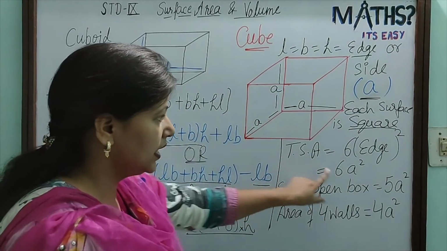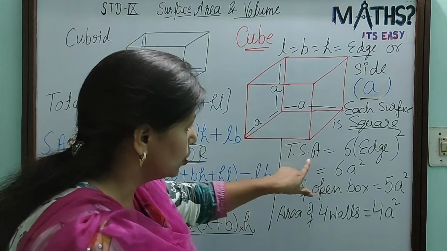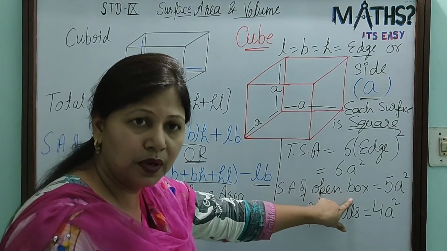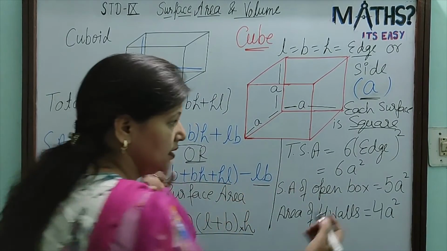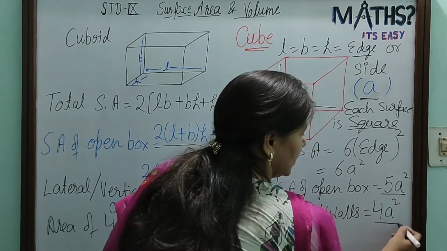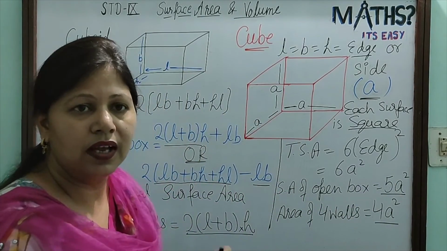Okay, so its area is A square, so total surface area is 6A square, and surface area of the open box means 5 surfaces, so directly 5A square, and 4 walls area, that is 4A square.